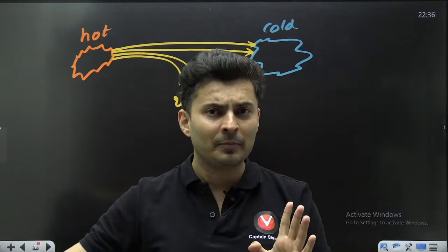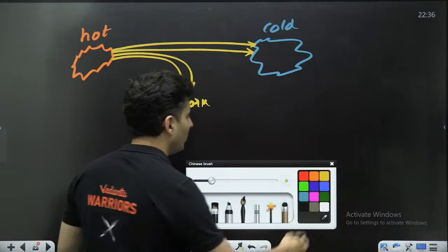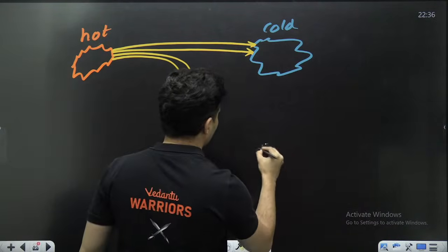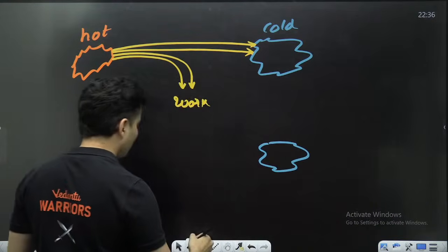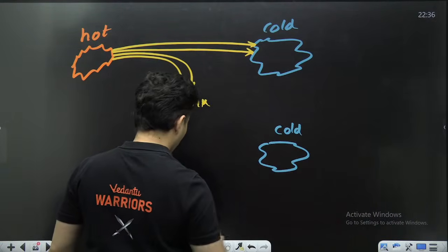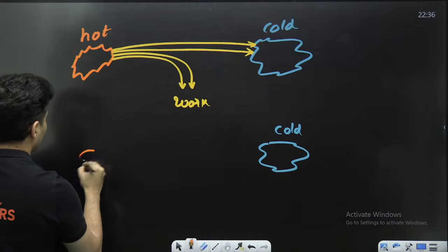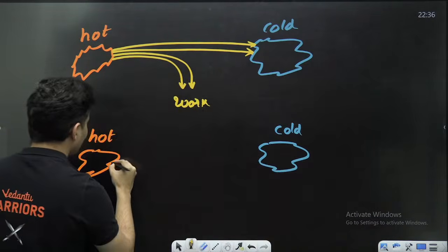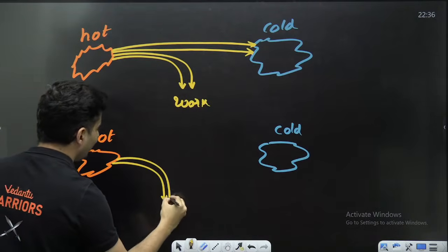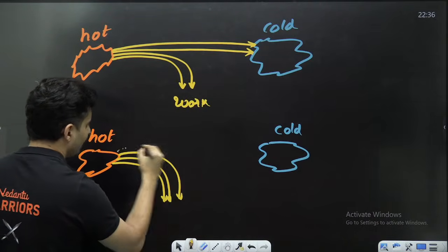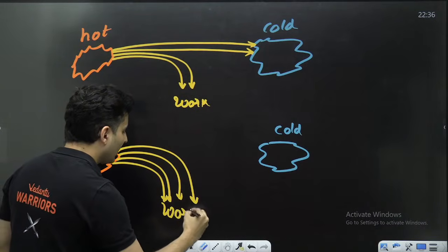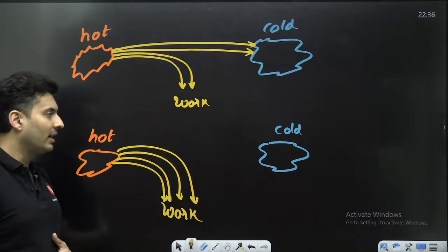Is it possible that somehow, just imagine, this is again your cold and this is your hot body. Is it possible that you take out everything as work and you don't give anything to the cold? You take out all the heat and you extract it as work?